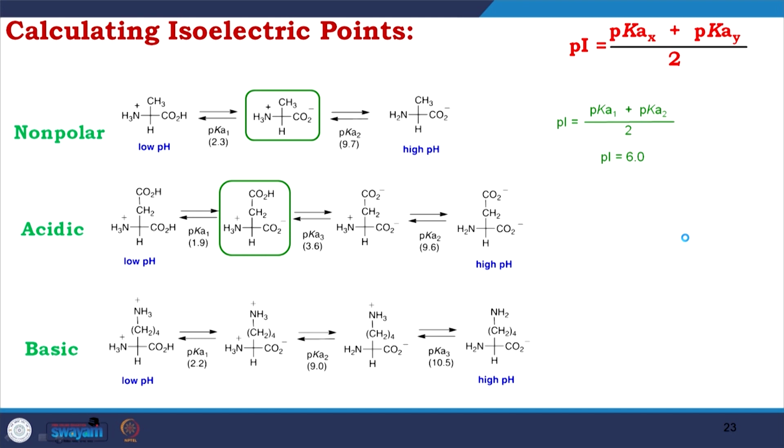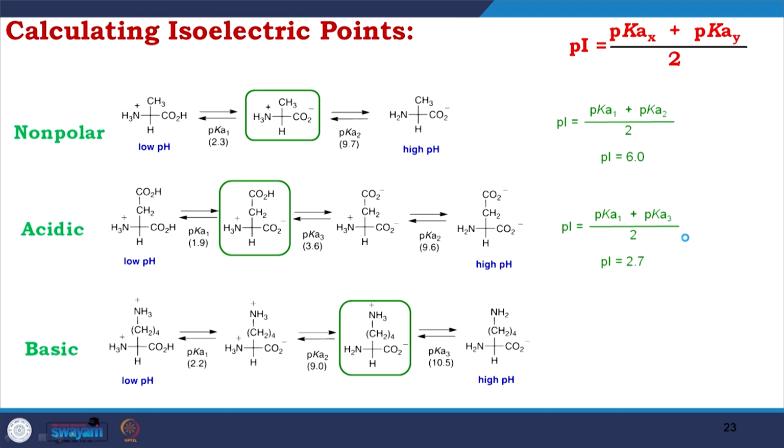For an acidic molecule which has an acid group, it becomes zwitterionic at low pH, and at high pH it has 2 negative charges. Here the Pi is calculated with pK1 and pK3, and you get 1.9 plus 3.6, which is 5.4 by 2, which is 2.7.